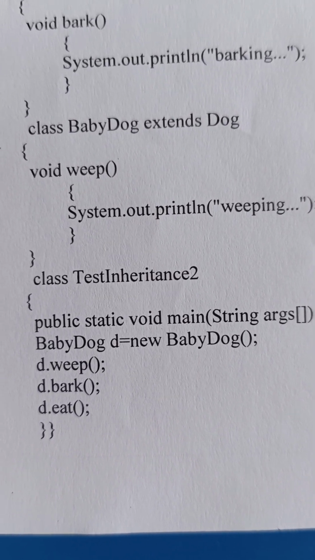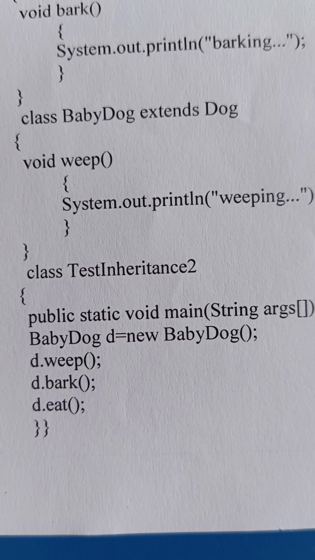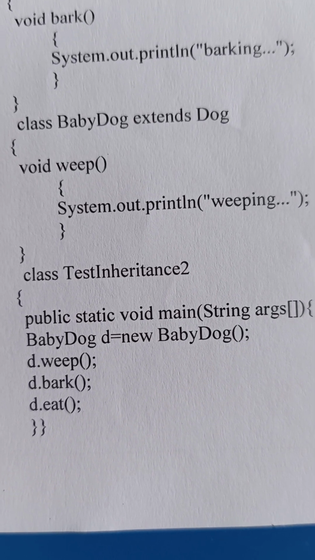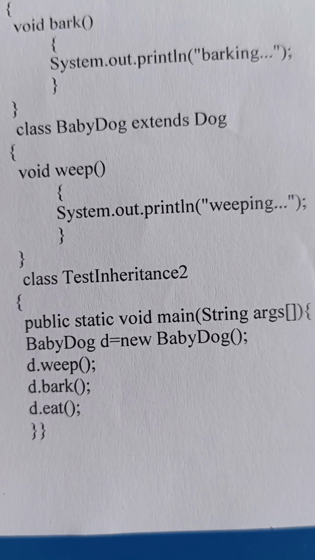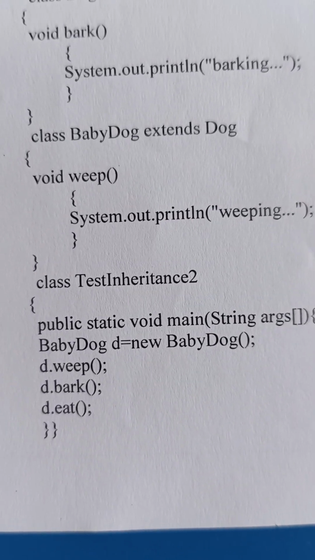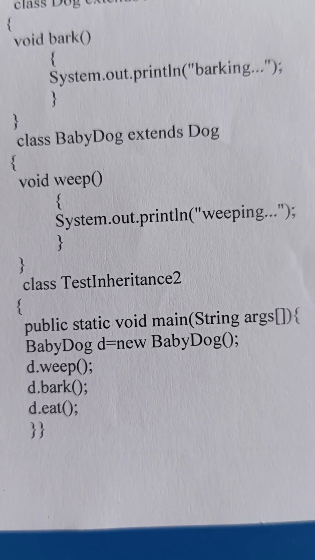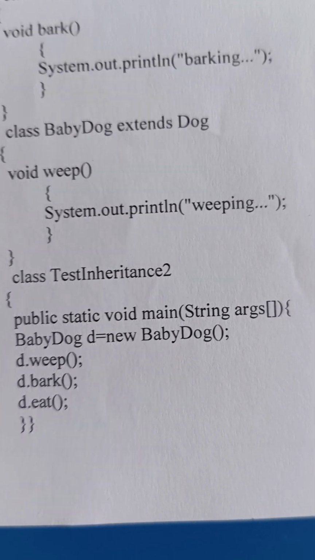By using the object of baby dog we are accessing the features of animal as well as the features of the dog class. That is multi-level inheritance that I already told.